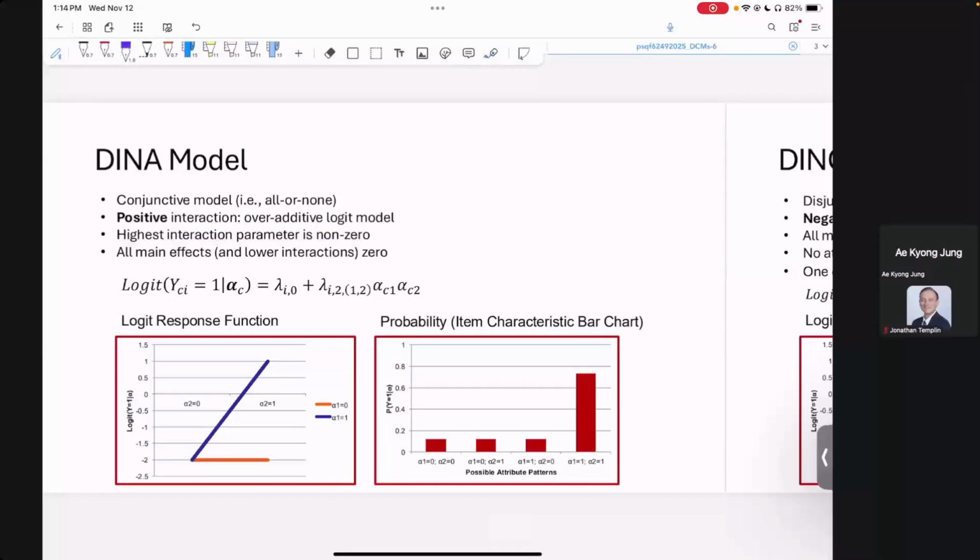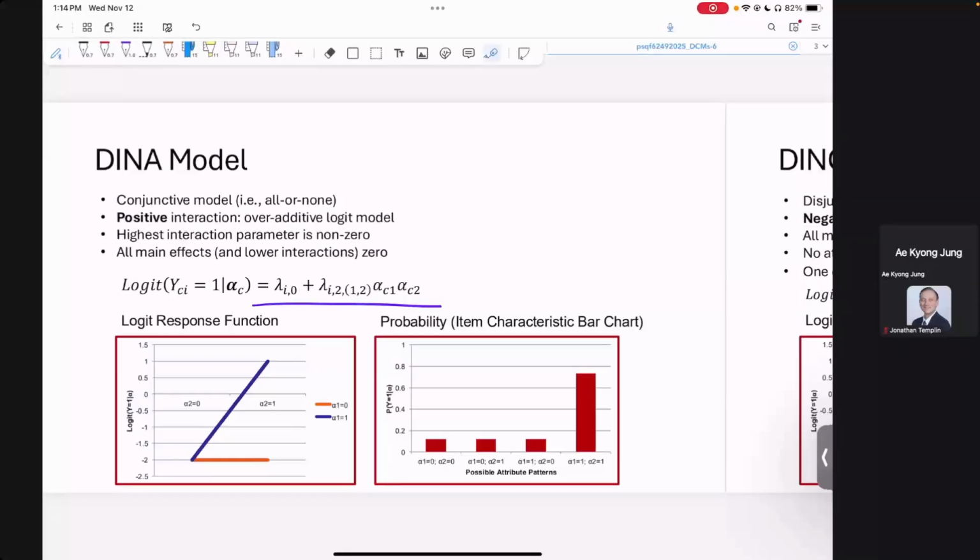It means when we have three attributes, there are two-way interactions and a three-way interaction, but this DINA model doesn't assume the two-way interaction. It only retains the highest interaction, which is the three-way interaction. And all main effects are 0. If you see the equation here, there is only the interaction term, no main effects.